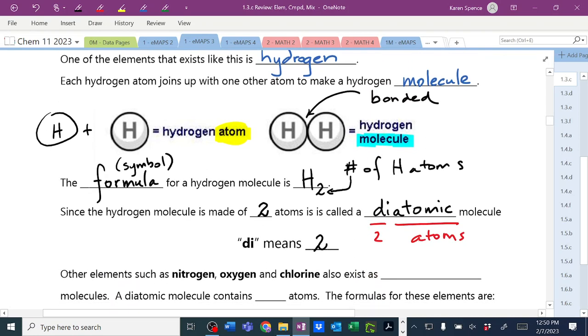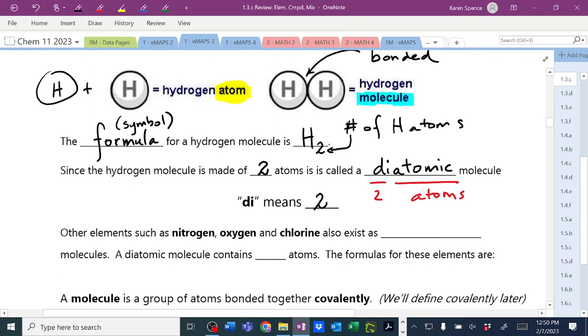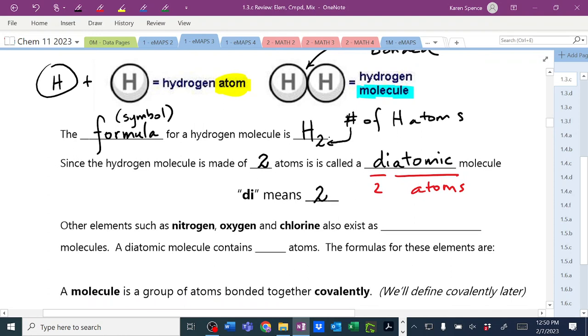In fact, there are several elements which are diatomic, and at some point you will learn them all, and I will give you lots of lovely memory tools or mnemonic devices to help you remember them. But for now, we're just going to mention them. Other elements such as nitrogen and oxygen and chlorine also exist as diatomic molecules.